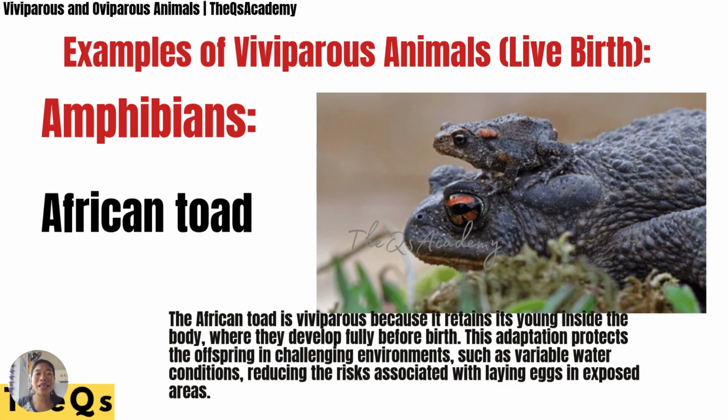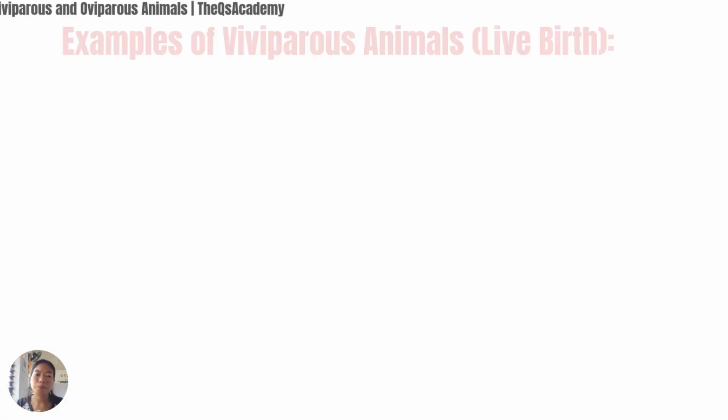So we have another example, the African toad. Frogs lay eggs, but the African toad is viviparous because it retains its young inside the body where they develop fully before birth. So the African toad is different from other frogs.